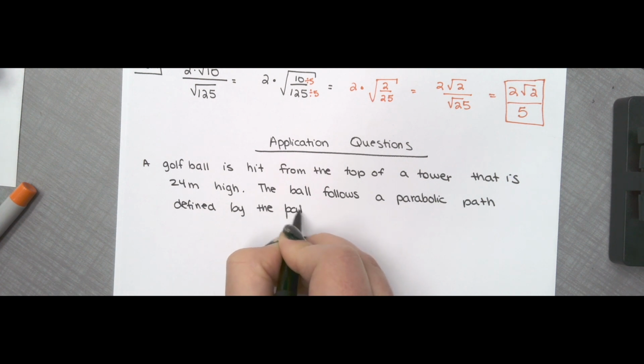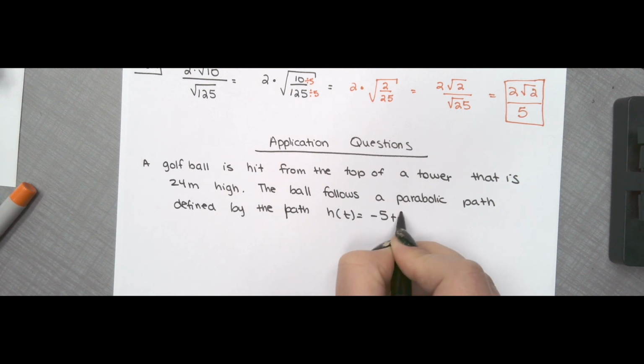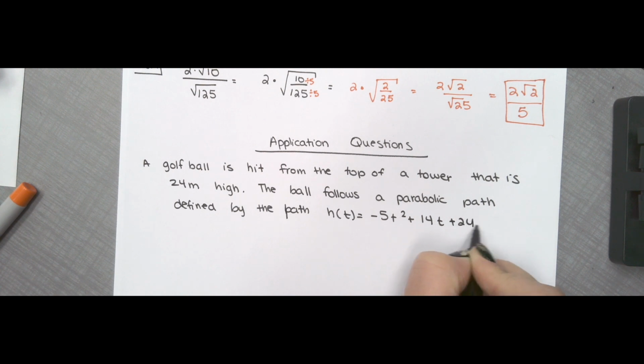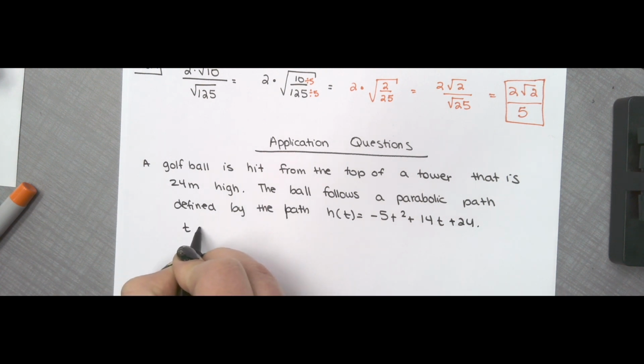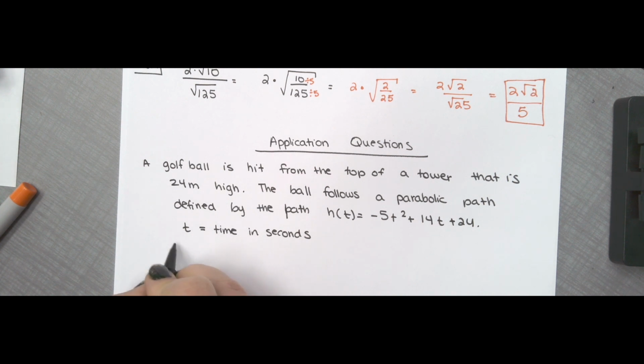The path, h of t, is equal to negative 5t squared plus 14t plus 24. T represents time in seconds. And h of t represents the height.